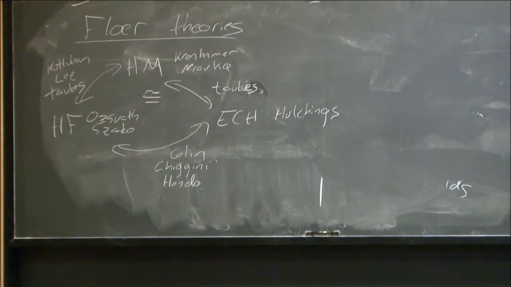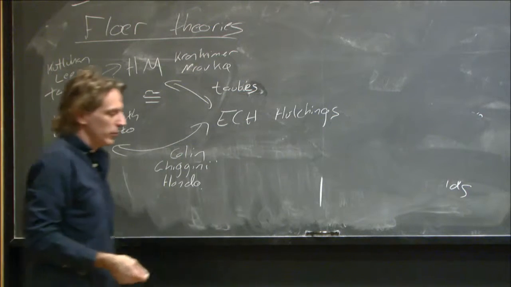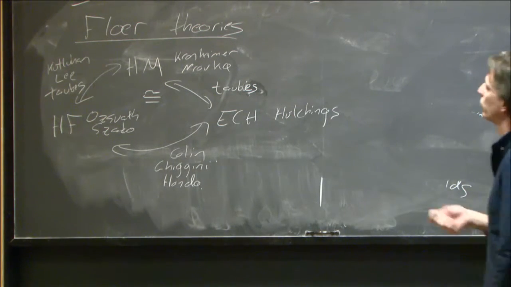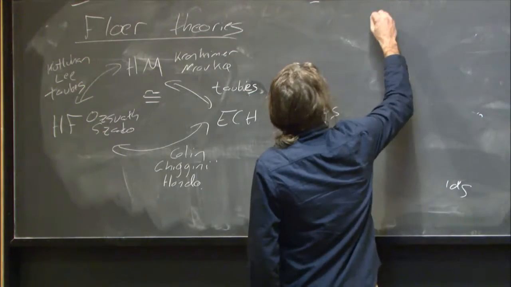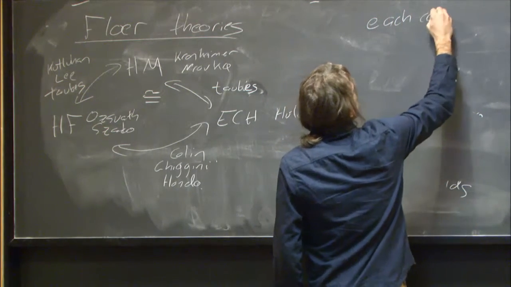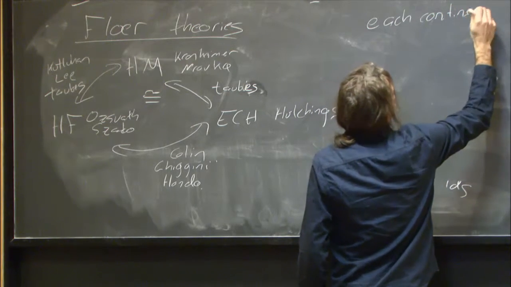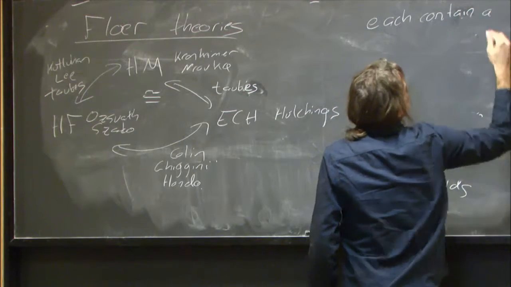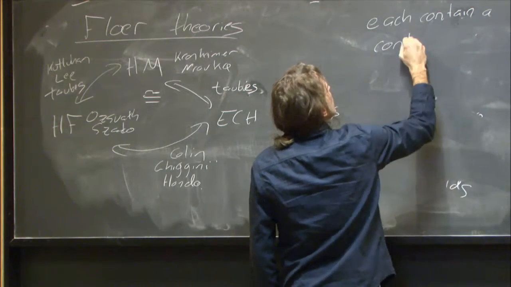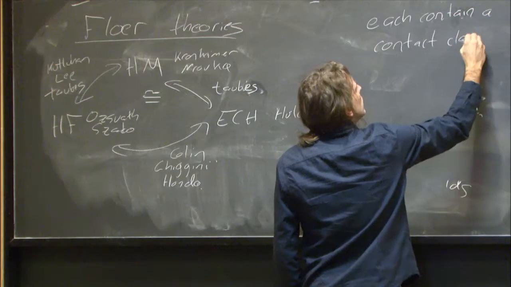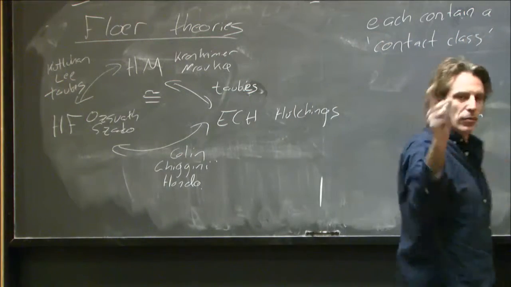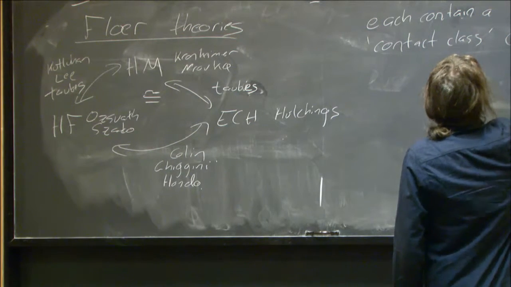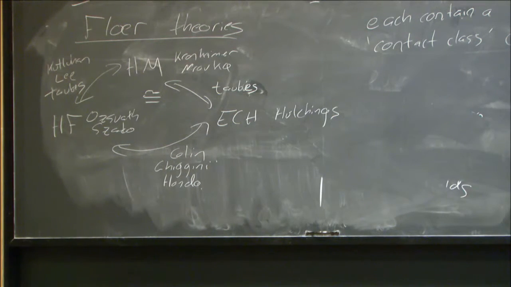So what are these? Of course, they are homology theories, which give invariants of M as a smooth manifold. They're defined using some extra geometric information. And they each assign to a contact structure on the manifold a contact class, which gets sent one to the other through these various isomorphisms, and we'll just call it C throughout the talk to refer to any of these.